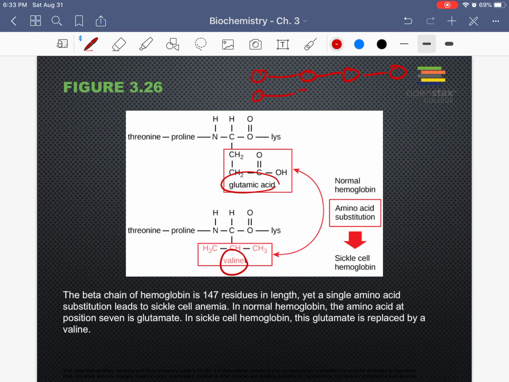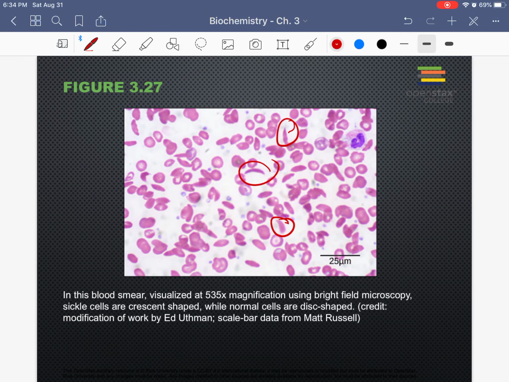This one right here is incorrect. That's as basic as you can get when it comes to an error. Change that one amino acid. It changes the entire protein, and it changes the entire structure of those red blood cells.